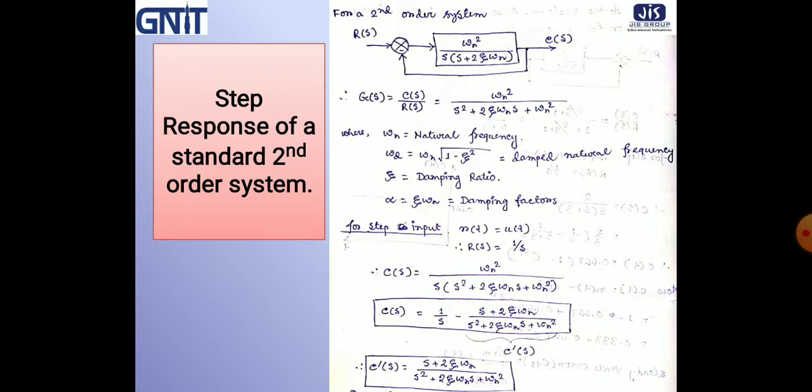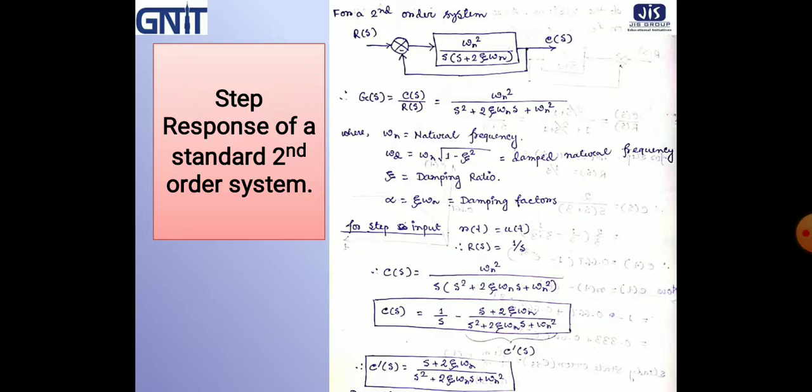Here we want to calculate the step response of a standard second order system. To calculate the step response, we have to apply a step input in this system. So r(t), that is the input of the system, is our step input, that is unit step u(t).